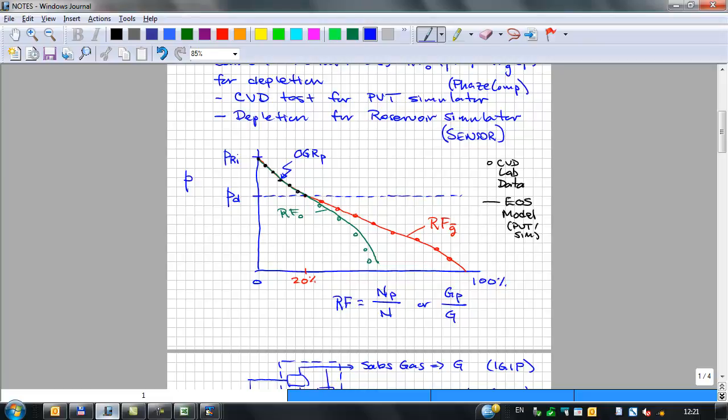You probably don't know that's the case because when you do tuning in the equation of state, you fit liquid dropout, not the carrying capacity of the gas, which is composition. But the reservoir simulator and the PVT simulator should give you the same kind of performance. And the way to make sure of that is to go through this kind of process.